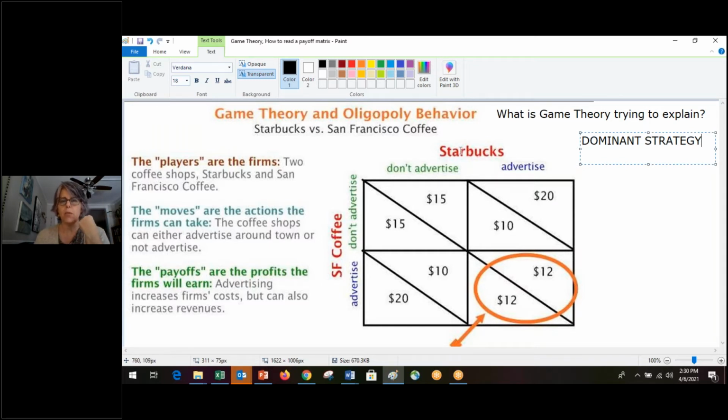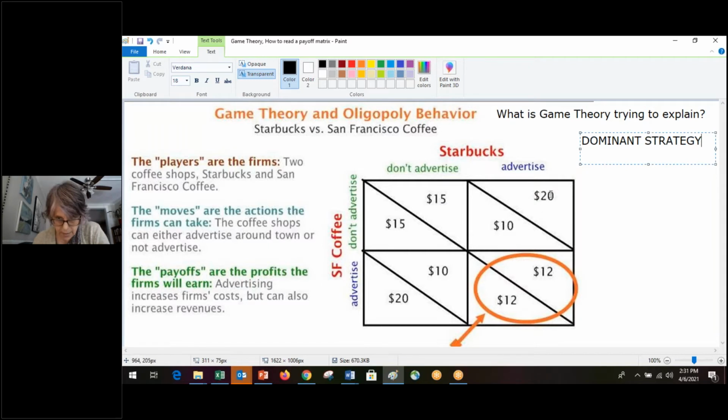So if you were Starbucks, what I want to know is, does Starbucks have a dominant strategy? Well, if they don't advertise, they're either going to end up with 15 or 10, depending on what SF Coffee does. If they do advertise, they're going to end up at 20 or 12. So if they don't advertise and SF Coffee doesn't advertise, they could get 15.